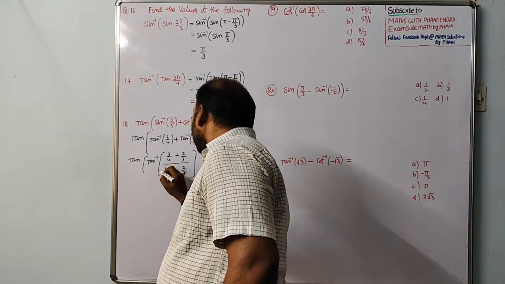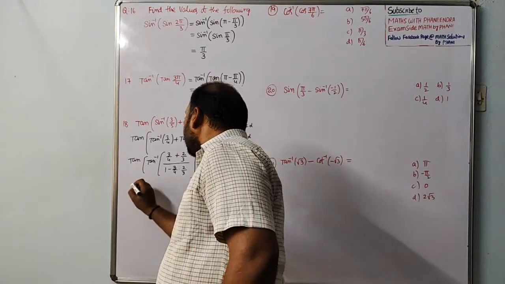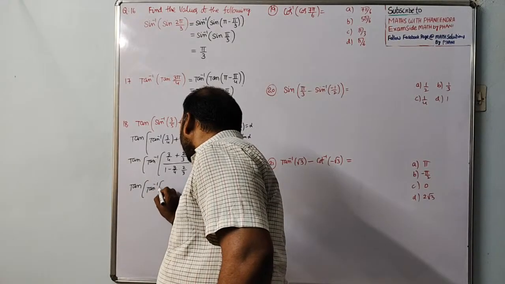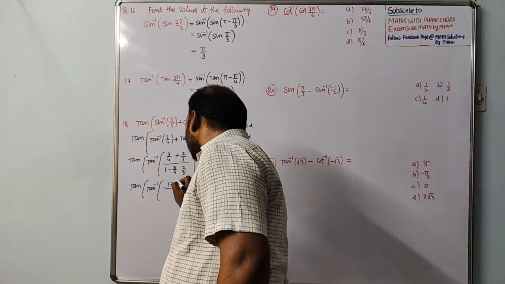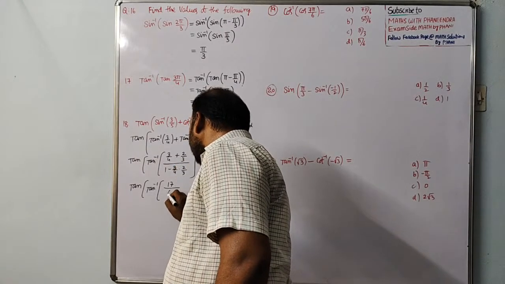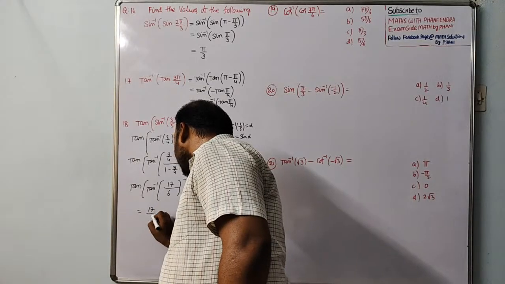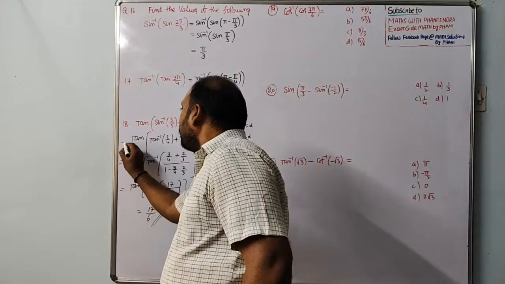So we cannot cancel. Why? Because it is easy to simplify. So tan inverse of 9 plus 8 is 17, divided by here 12, cancel, 12 minus 6 is 6. So tan inverse of 17 by 6. Okay, dear students, I hope you understand.